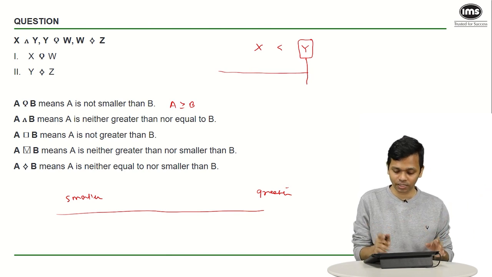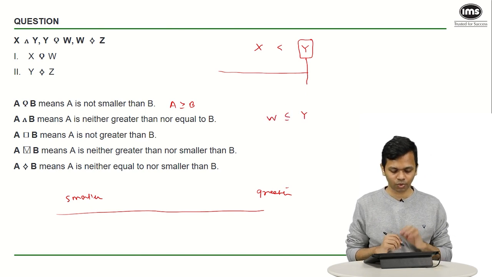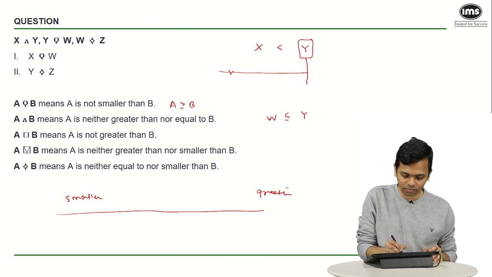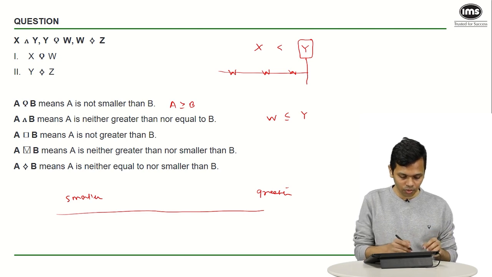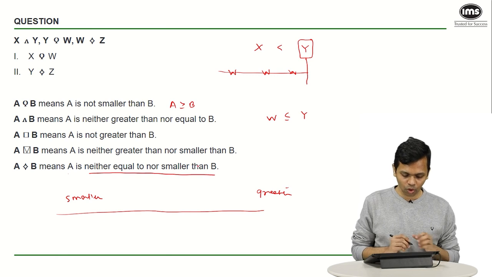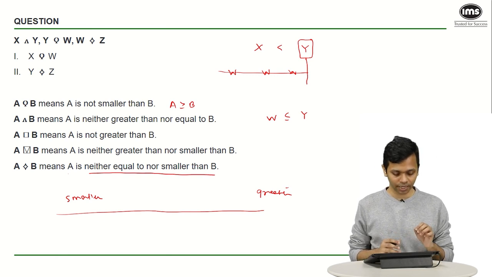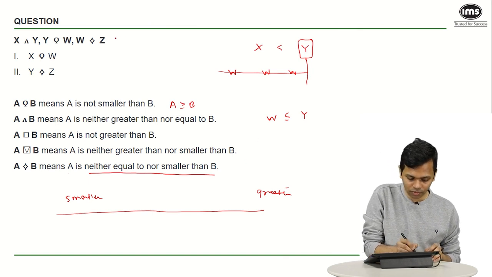We don't know where it is, but Y is greater than or equal to W. So W can be anywhere. W can be here, W can be here, somewhere. We don't know. The last one says W, there's a diamond, and Z, neither equal to nor smaller than B. Meaning what? Greater. So W greater than Z. That's what we have as part of the last one.